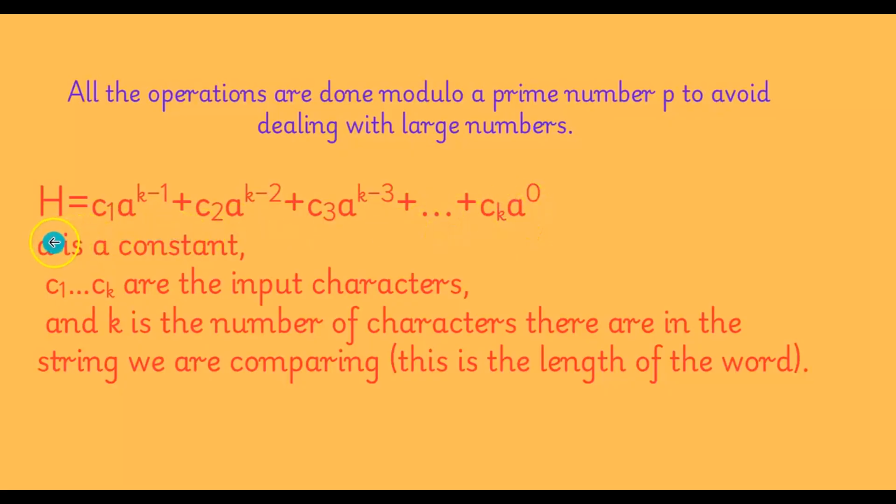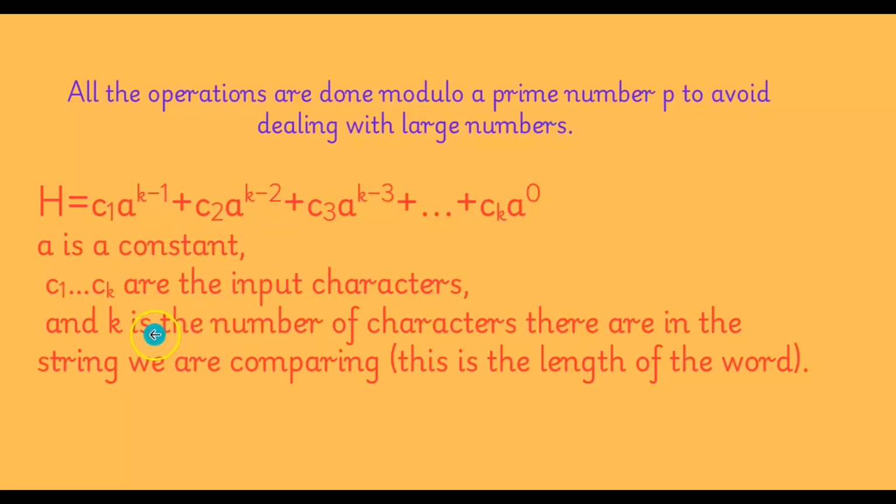What is a? It is a constant value which we select on our own interest. So we can choose any constant value as a. Then c1 and so on up to ck are the input characters. That means we assign some numeric value for the characters. For simplicity, we can assign A means 1, B means 2, C means 3 and so on.